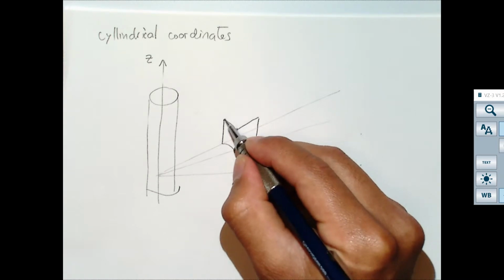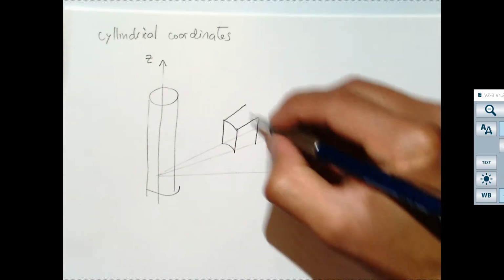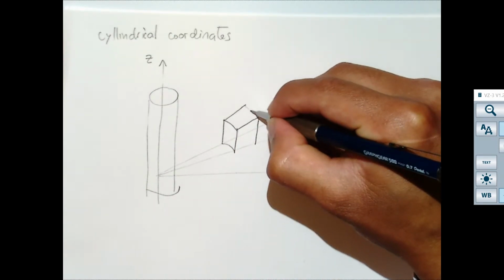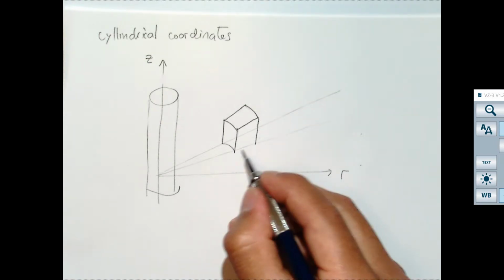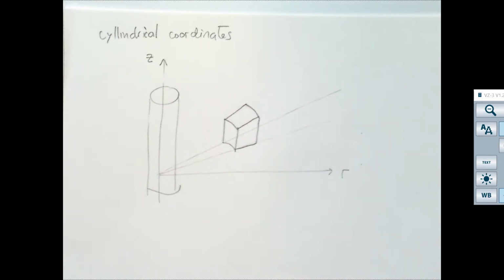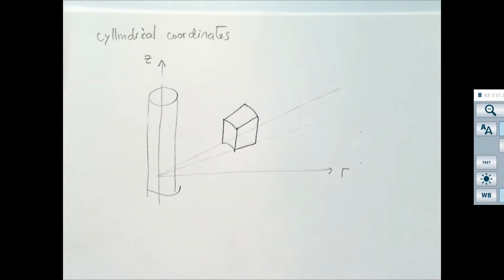Remember that before we were always drawing a cube, right? And we were drawing a cube because we were using a rectangular coordinate system. Now we have to use a cylindrical coordinate system, and we have to define stresses for this cylindrical coordinate system. So let's start putting stresses on this element in the cylindrical coordinate system.